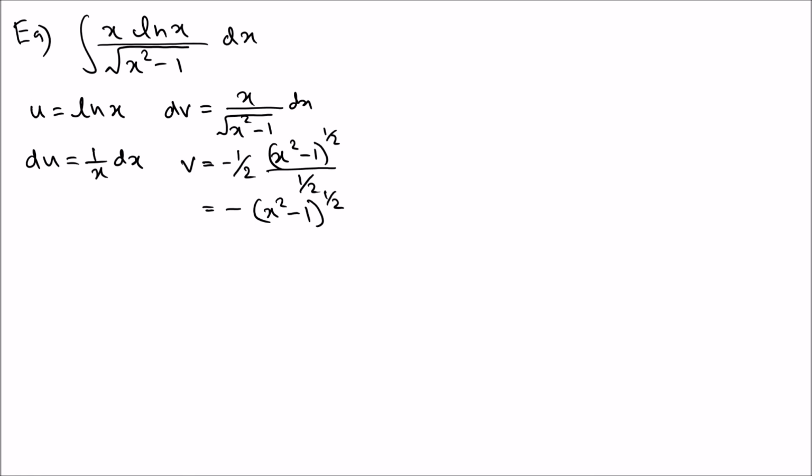So that means we can use the integration by parts formula. We can rewrite it like that: ln x times x over the square root of x squared minus 1, dx. This is the u function and this whole thing is the dv. Now we just need to plug in.